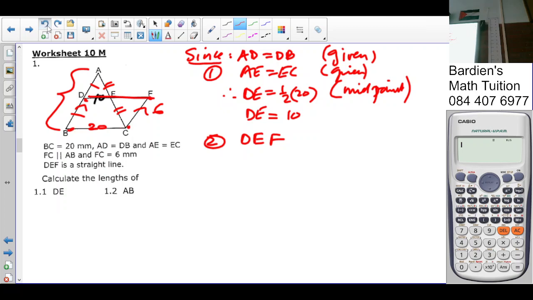Why is that the case? Who can tell me? Why is that parallel to this? Yes! That's what we just gave you earlier on. It's the midpoint theorem. Not so? Midpoint theorem. So that is now parallel.